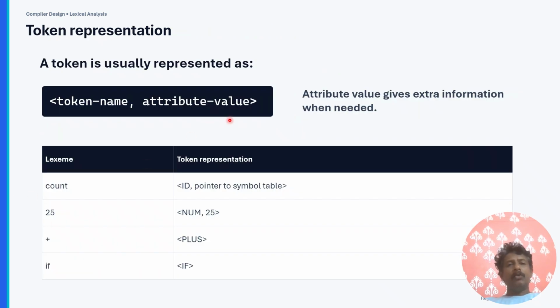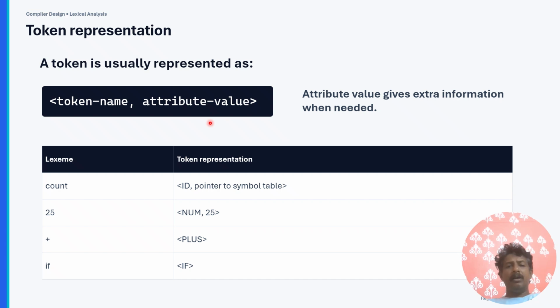Okay. Token representations. Now we will move on to token representations. A token is commonly represented using two parts: token name and attribute. Token names tell the categories like id, num, plus, or if. Attribute values give extra information if needed.